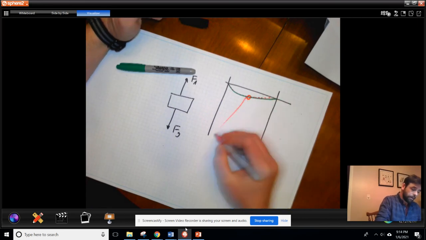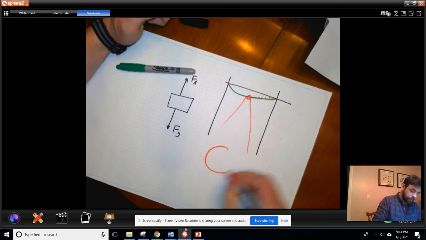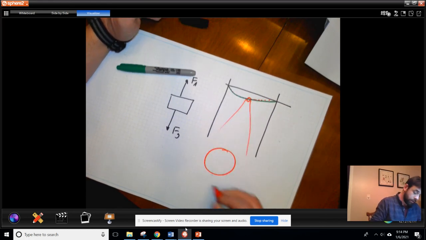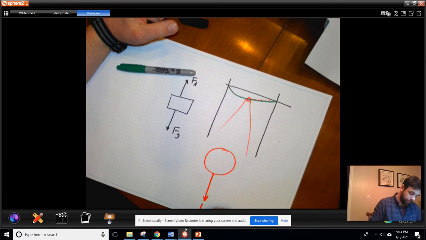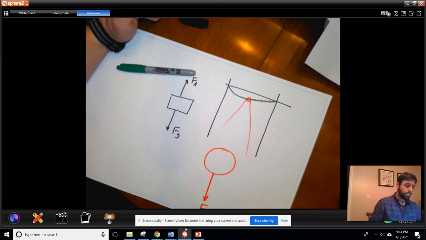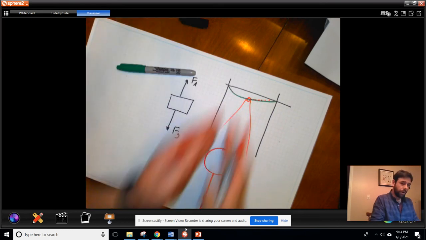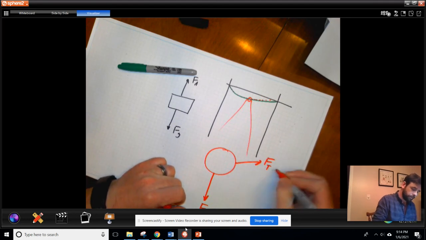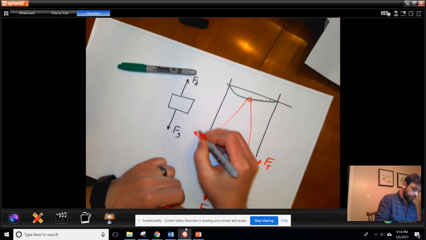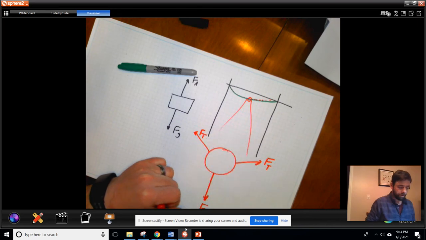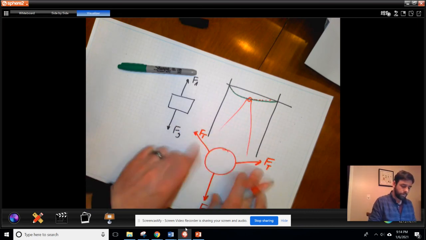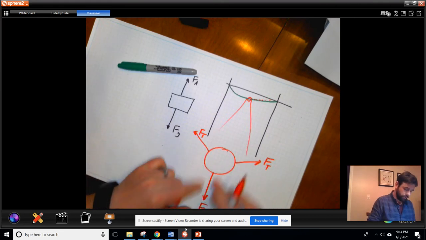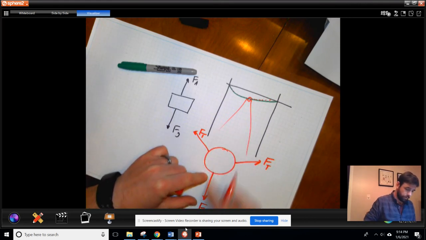If we expand on that thing, that tennis ball that's there, that's the wire, is being pulled on by the force of gravity, right? But it's actually being supported upwards by a tension force.